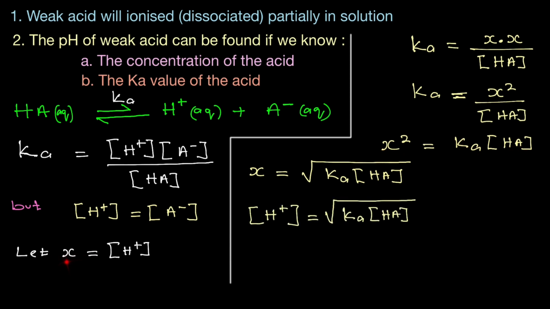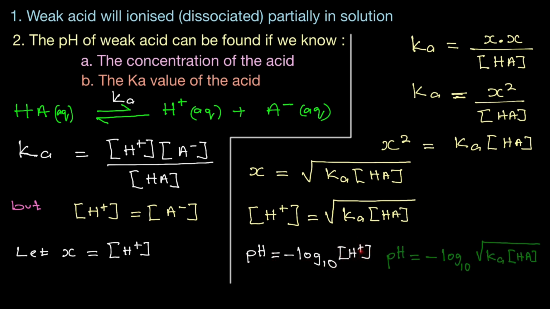We know X equals the H plus concentration, therefore we can replace X with the H plus concentration. We also know pH equals minus log base 10 times the concentration. We can replace the concentration here with the root Ka times the concentration of acid. So the H plus is now replaced with this.